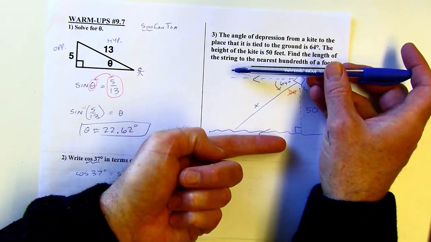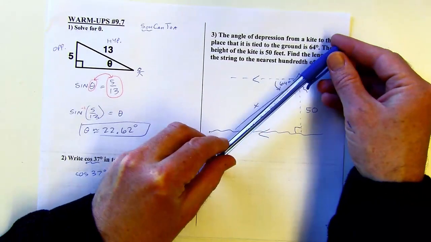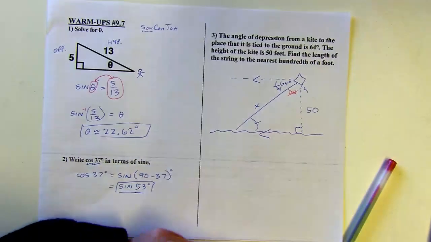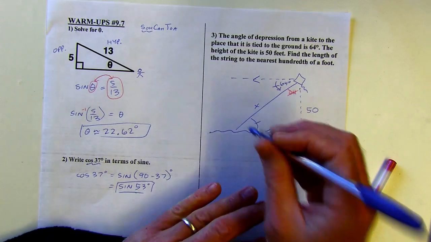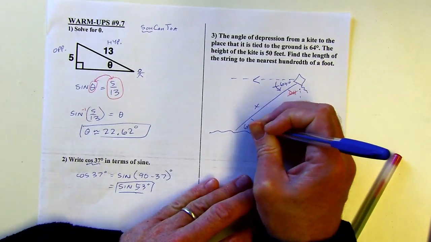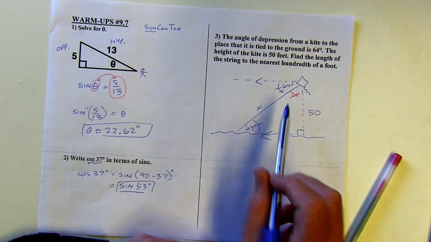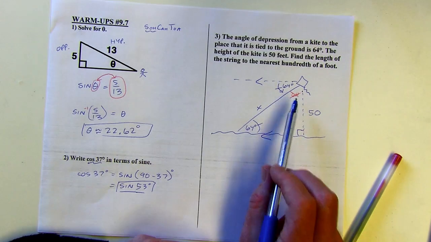Then we've got parallel lines, and this would be a transversal, so this angle is congruent to that one by the alternate interior angles theorem. If this is 64 degrees, this is 64 degrees, and now we can do SOHCAHTOA. But if you found this angle instead, that's fine. You could do SOHCAHTOA from there.